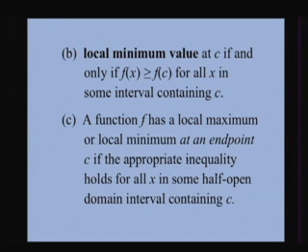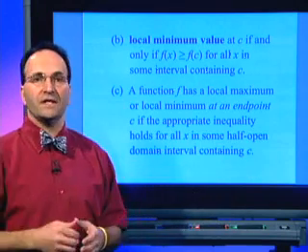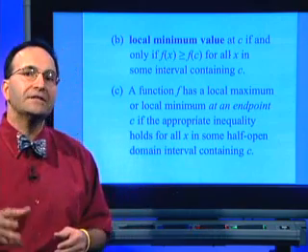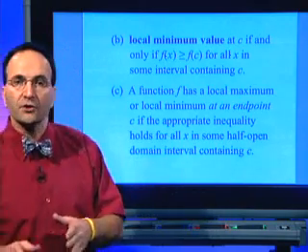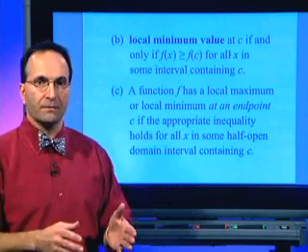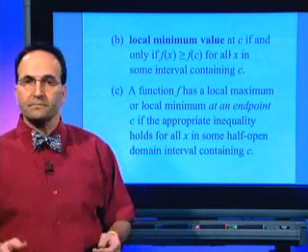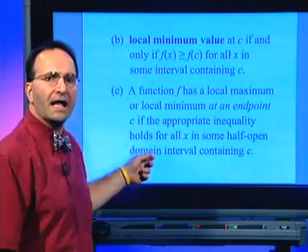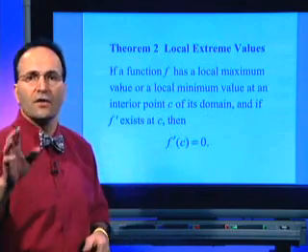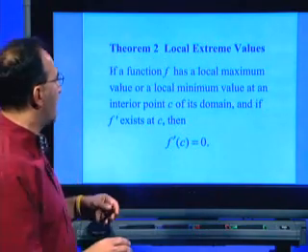Local maximum and minimum occur on some small interval containing c, and an absolute maximum or minimum is determined by looking at the entire domain. In order to use these ideas, we need a way to determine what values might be maximums or minimums. So we're going to take a look at a theorem called the local extreme value theorem.